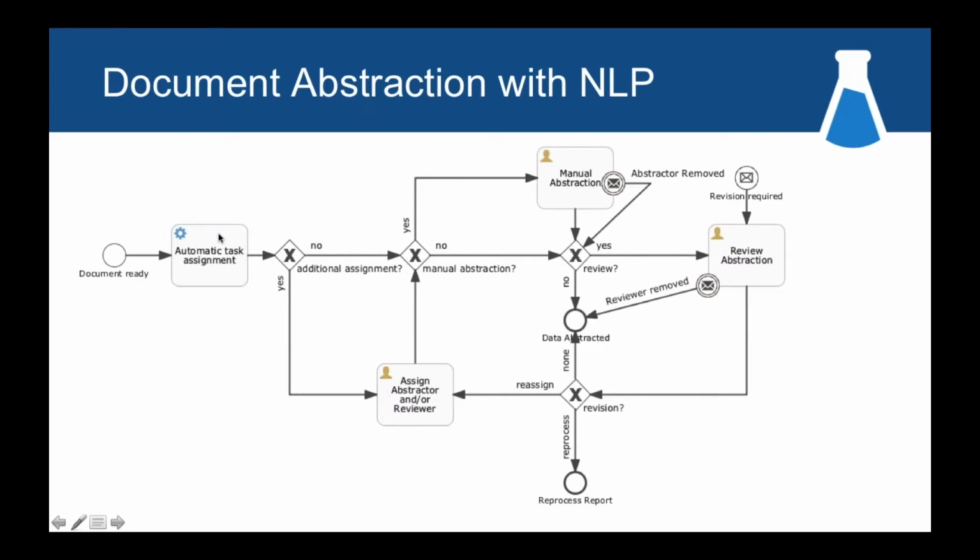the workflow starts with a system task, which is automatic task assignment, and this is driven by a set of configurations that you set up in your project to determine, for the documents that come in, how many of them should be automatically assigned, how many should be assigned by a person, and this can be based on the information that you get from the documents that come into the system.